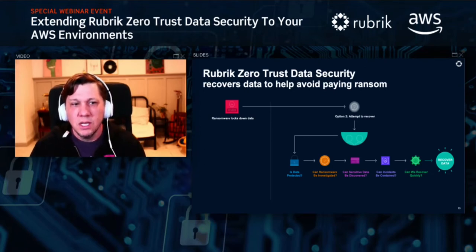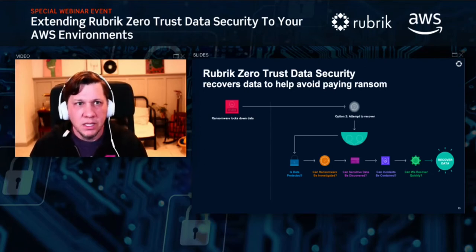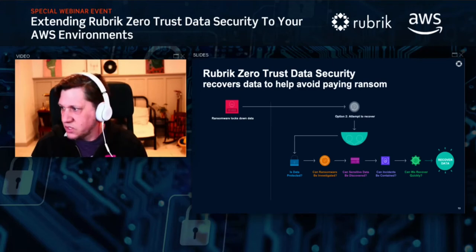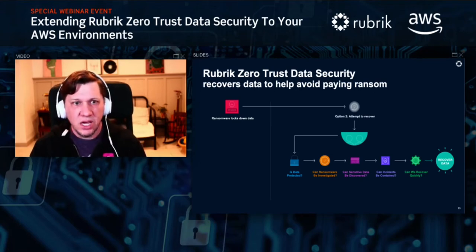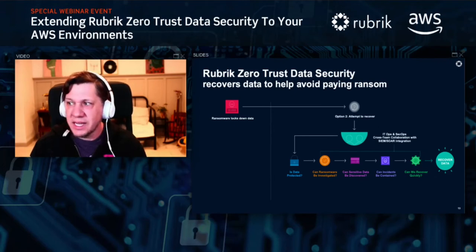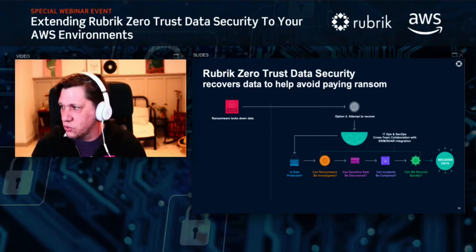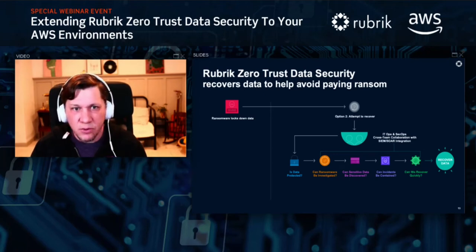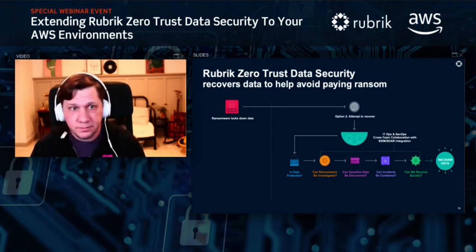So how does Rubrik help solve these issues? The first thing is, when it comes time to recover, Rubrik has those insights that allow your IT, operations teams, and SecOps teams to collaborate together with things like Palo Alto Networks XSOAR, which your security teams would probably be familiar with.